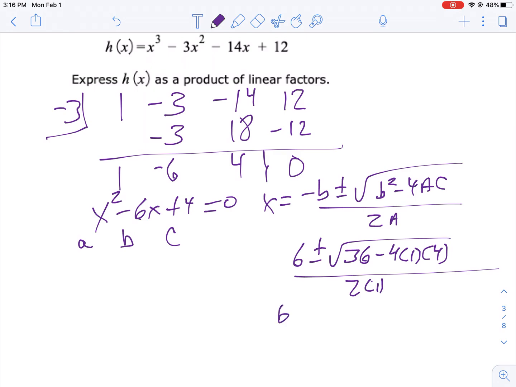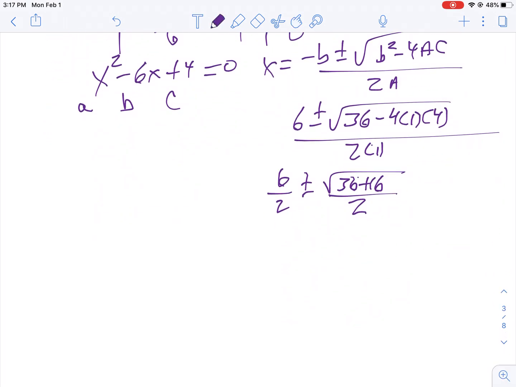So I get 6 over 2 plus or minus the square root of 36 plus 16 all over 2. Well, let's simplify 36 plus 16. 36 plus 16 is 52.